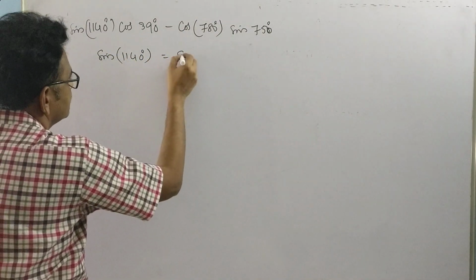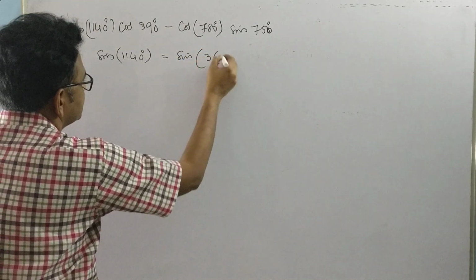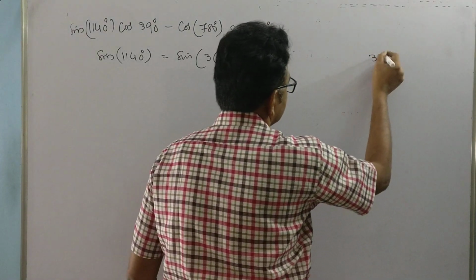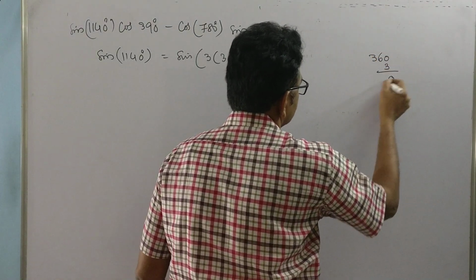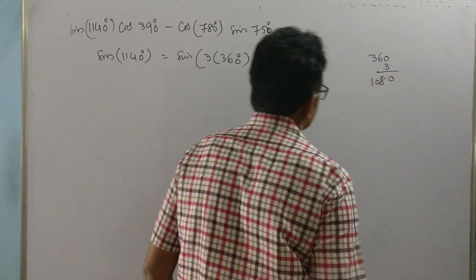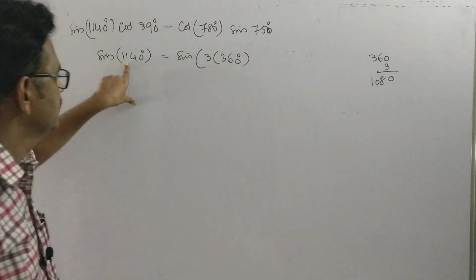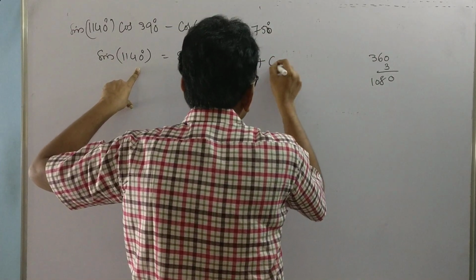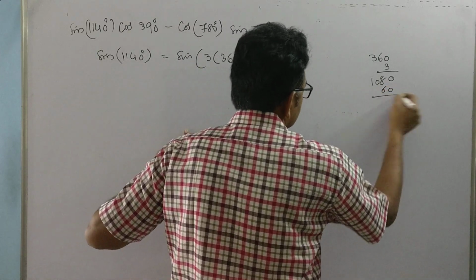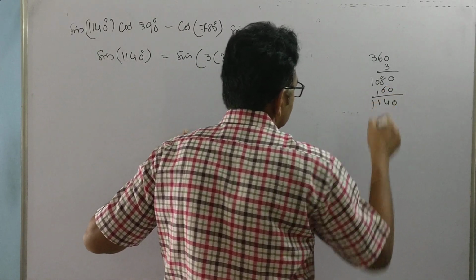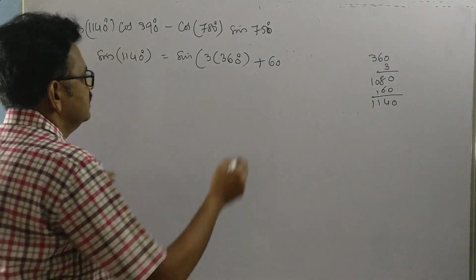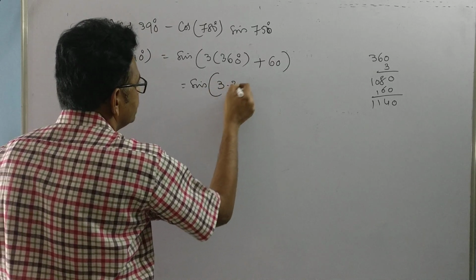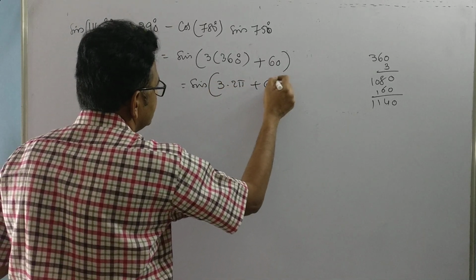You write this as sine of 3 times 360 degrees plus 60 degrees, that is 3 times 2 pi plus 60 degrees.